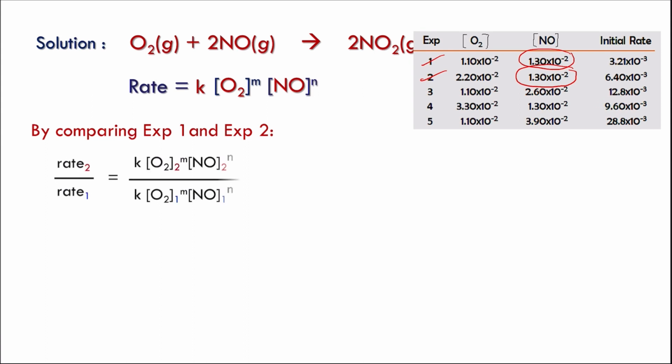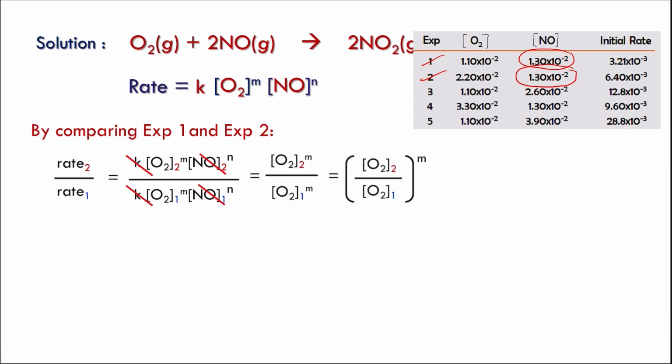Saya masukkan expression dan rate constant sebab dia sama, dia constant, saya cancel out. NO pun sama nilai concentration dia, 1.3 exponent negative 2, that's why I cancel out. Yang tinggal adalah O2 untuk eksperimen 2 dan O2 untuk eksperimen 1. So bila saya simplify, saya kumpulkan M, kuasa M untuk kedua-duanya.